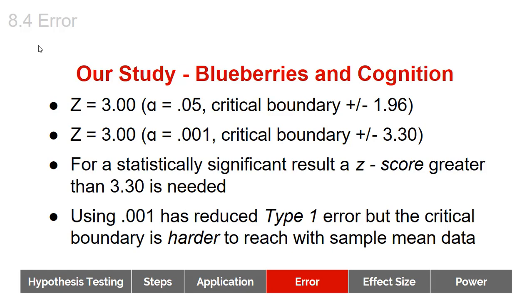So using 0.001 has reduced our chance for type 1 error, but the critical boundary is harder to reach with our sample mean data. So depending on where the researcher had set the alpha beforehand, we may or may not have found statistical significance. If it was set at 0.05, our finding would be significant. If we preset our alpha at 0.001, our finding would not be significant.